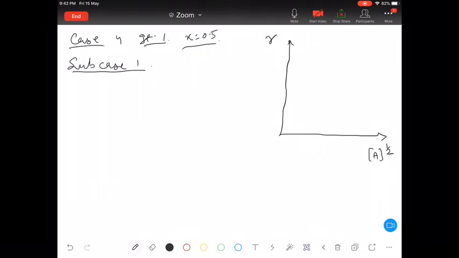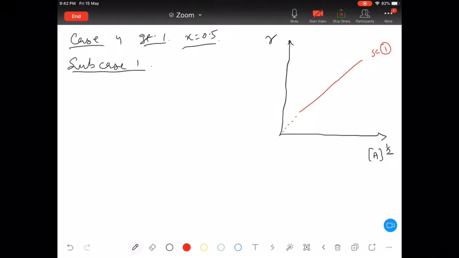So in subcase 1, let's say for r versus a to the power 1 by 2, I get this kind of straight line passing through origin. If I get subcase 1, then I write y is equal to mx.